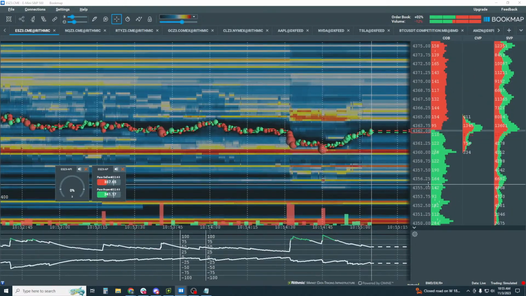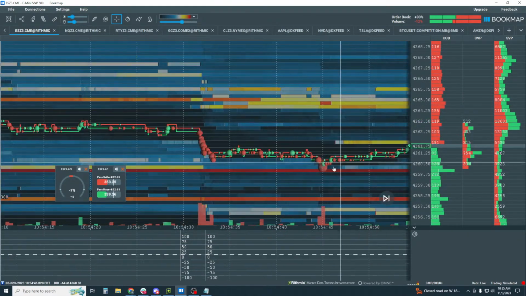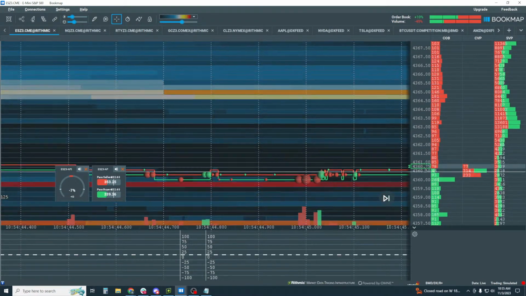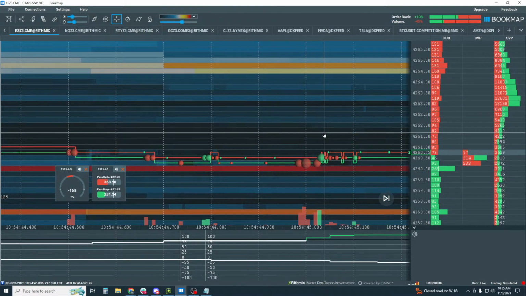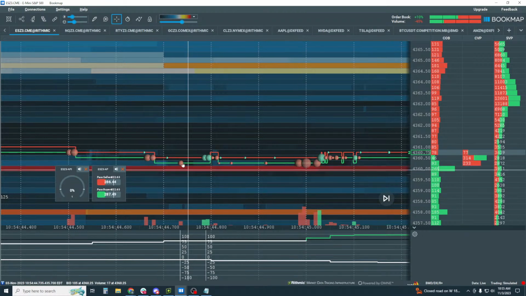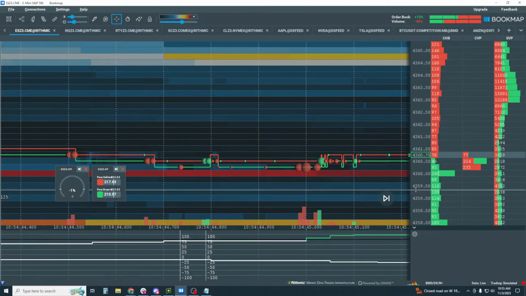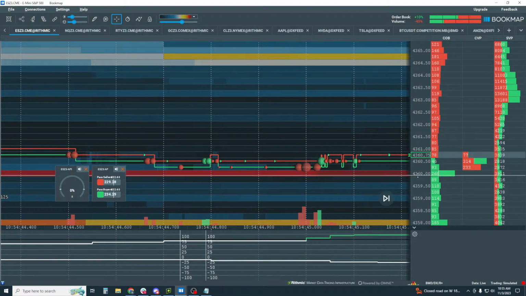Now we already kind of know this just because we have the heat map. The absorption indicator is showing us something that we don't have data to. We are 1 tick away from this very high liquidity here at 43.60, right here.